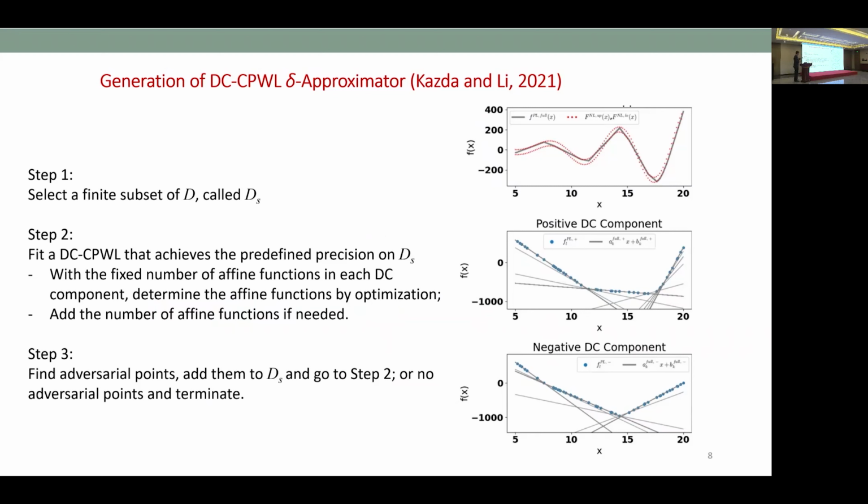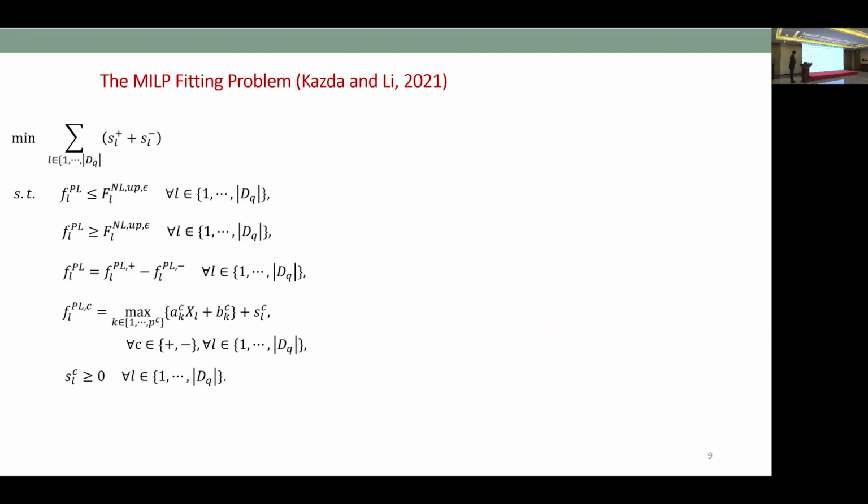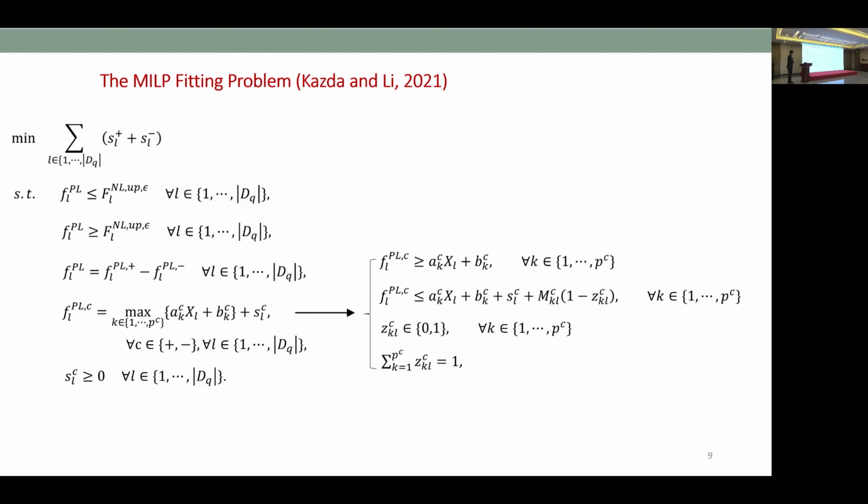This step is difficult because when you fit the function to the data set, you have to handle this maximization operation, which is a non-smooth function. There is no good solver to directly handle the maximization operation. So a natural way to handle that function is to use integer variables to describe the logic behind the maximization operation.